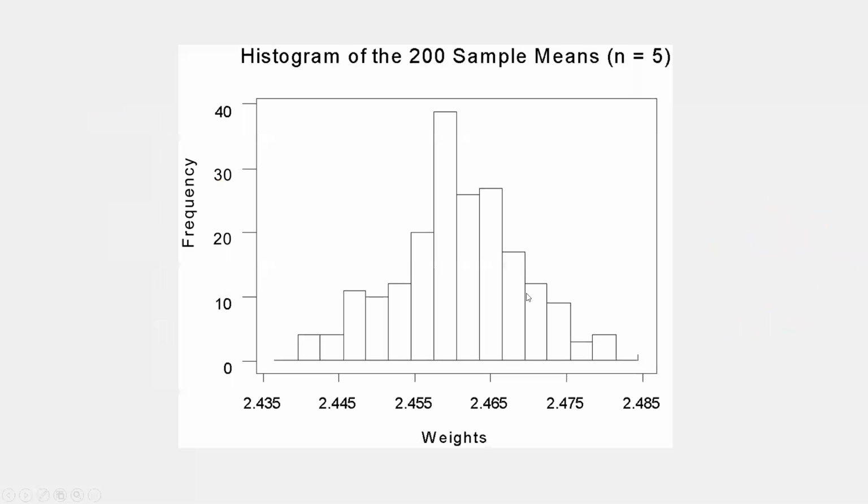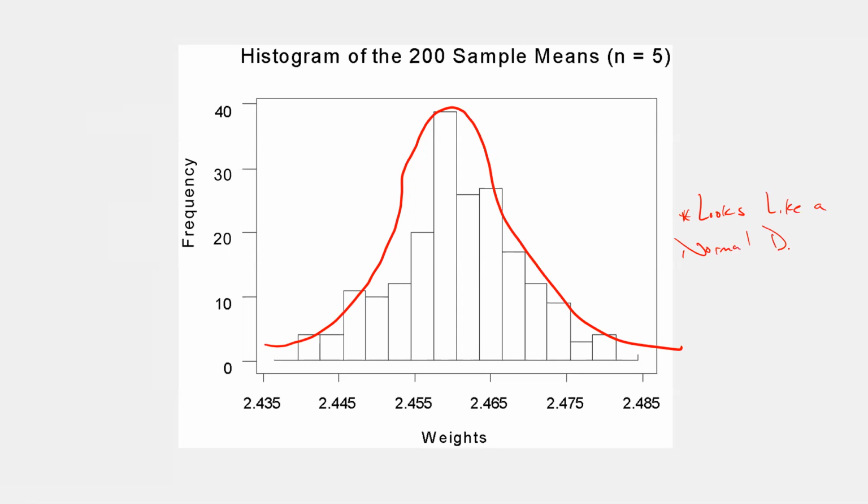This right here looks like the normal bell curve. And it looks like if you were to superimpose the bell curve, the high point of the bell curve is centered at mu, 2.46.